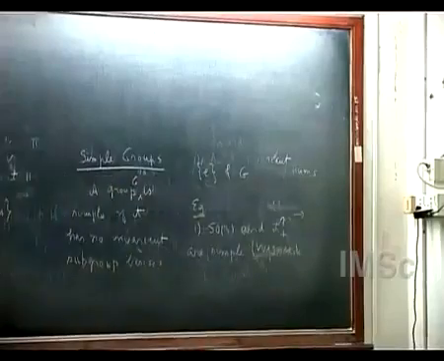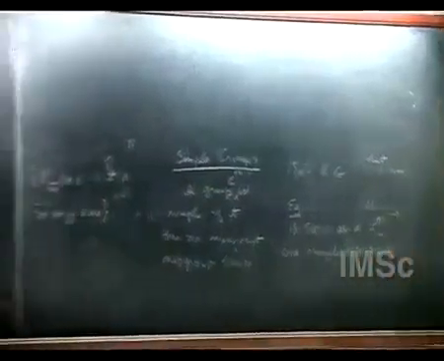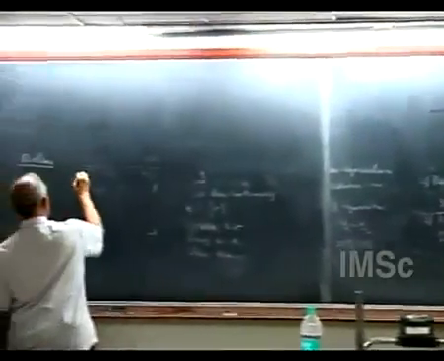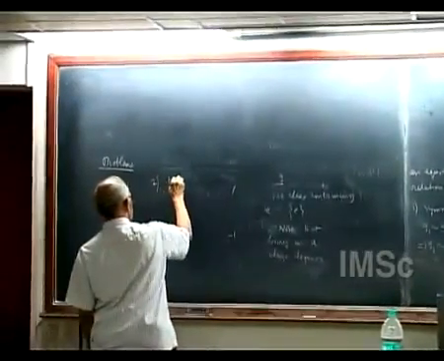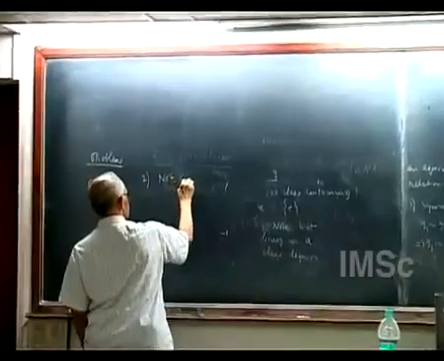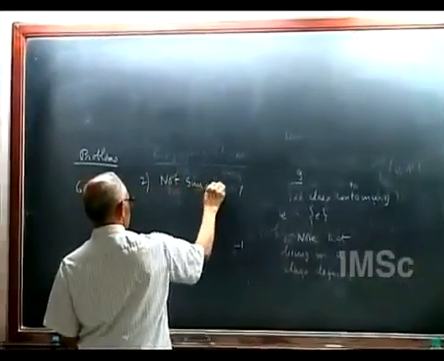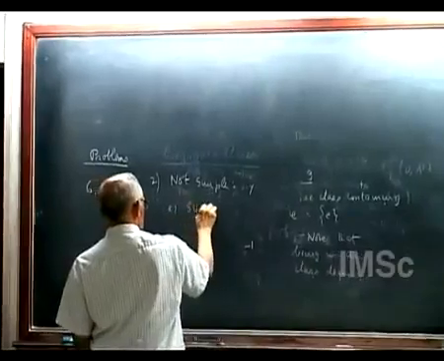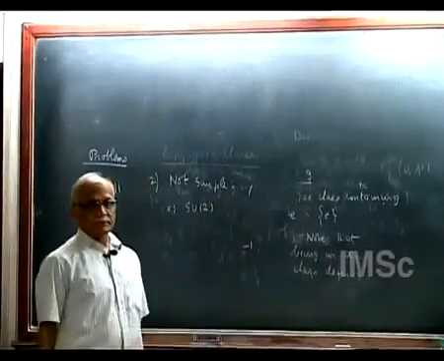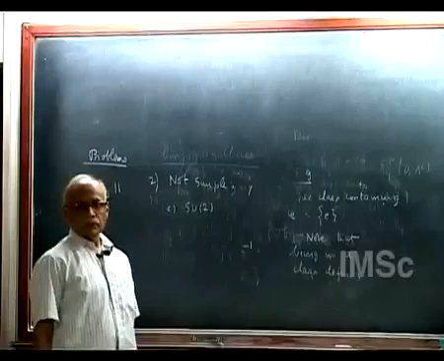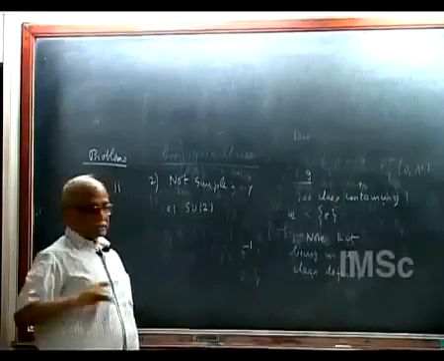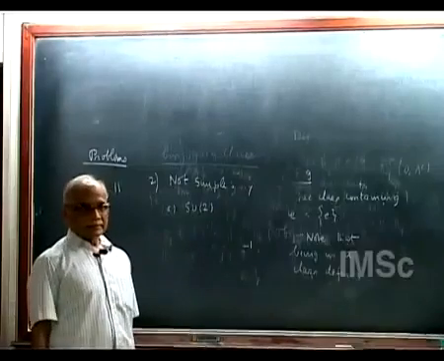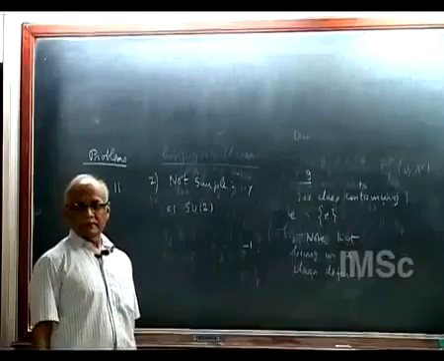But SU(2) is not simple. Let me give you a sequence of examples. SU(2) has an invariant subgroup. What is it? I am saying it is not simple, which means it has some invariant subgroup.